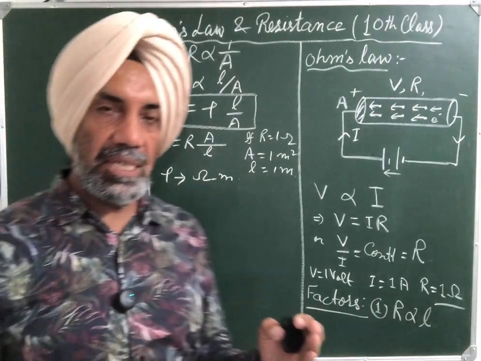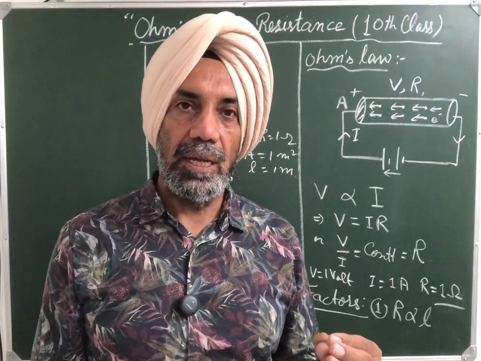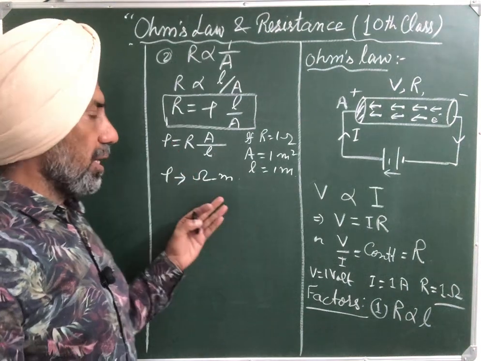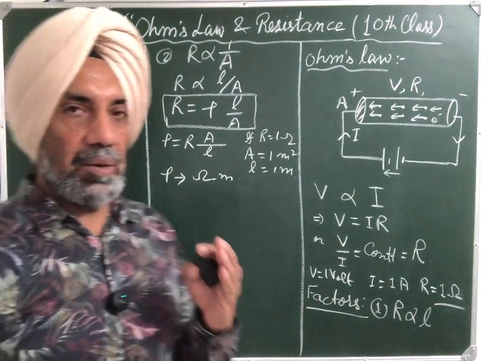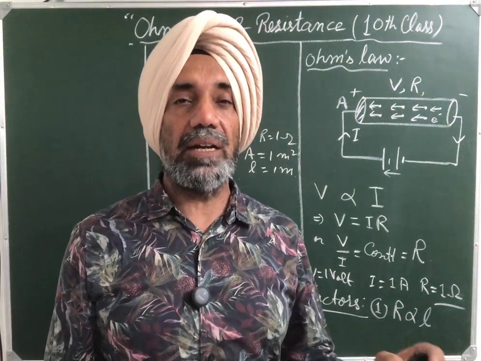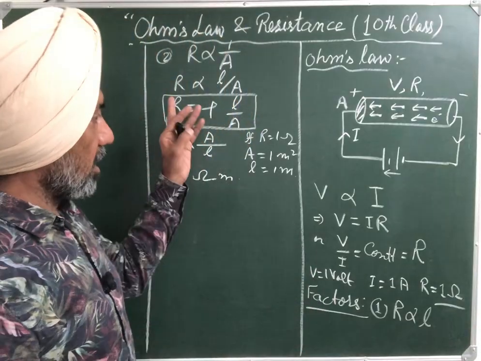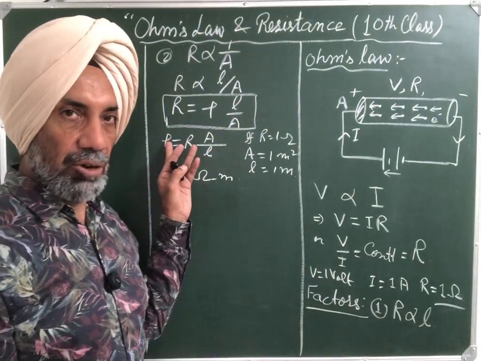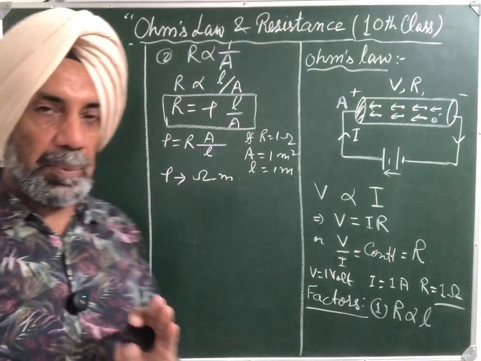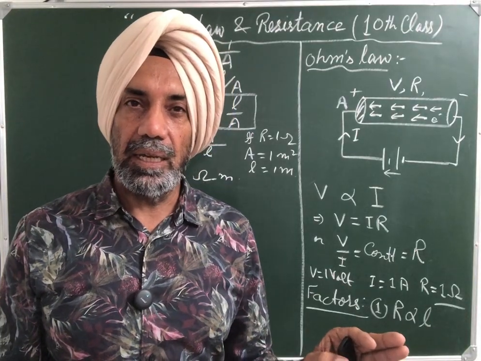So specific resistance or resistivity is the property of the material of the conductor. It doesn't depend upon the dimensions of the conductor. Even though resistance depends upon length and area of cross section, resistivity doesn't depend upon dimensions of the conductor.